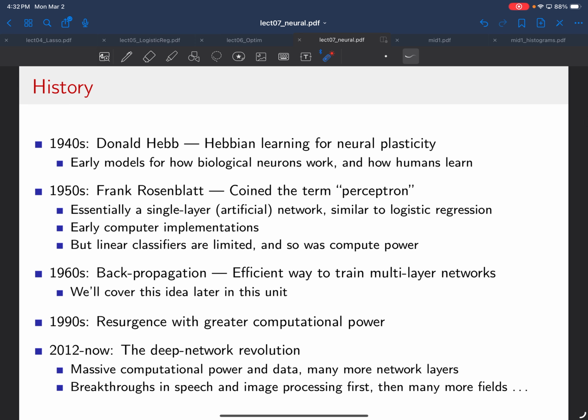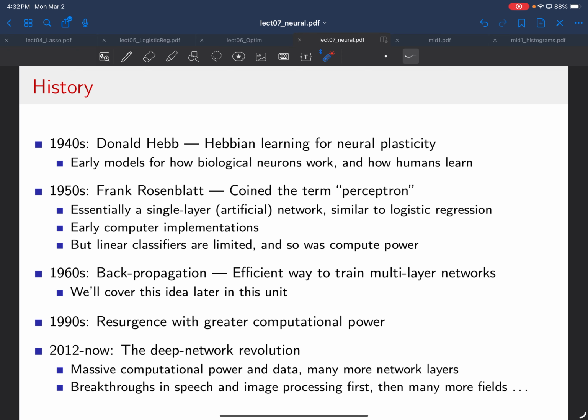All right, so some history then. These biological models of how neurons work were being studied already in the 1940s, mainly for biological reasons at the time. But then in the 50s, people started thinking about how to apply these artificially.